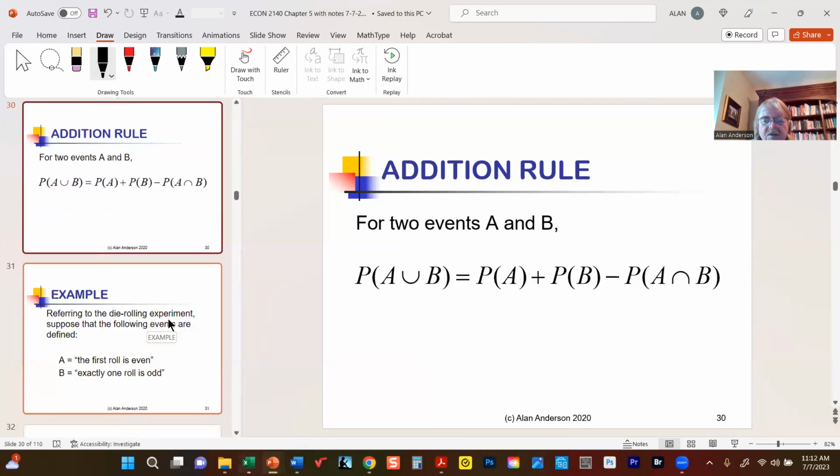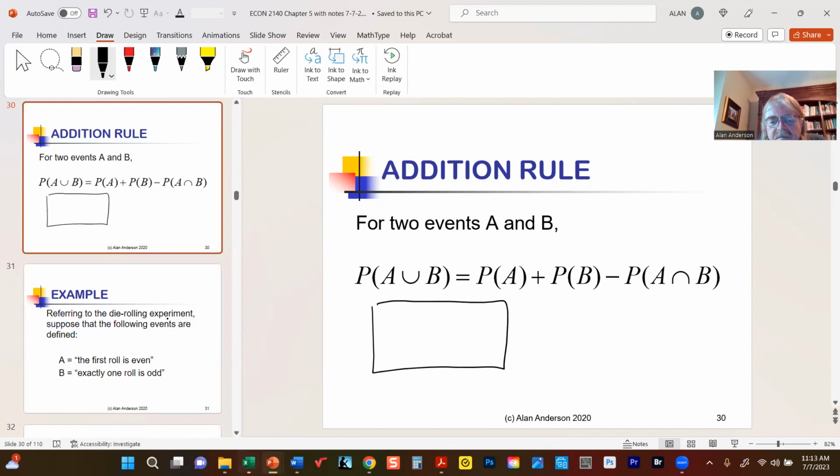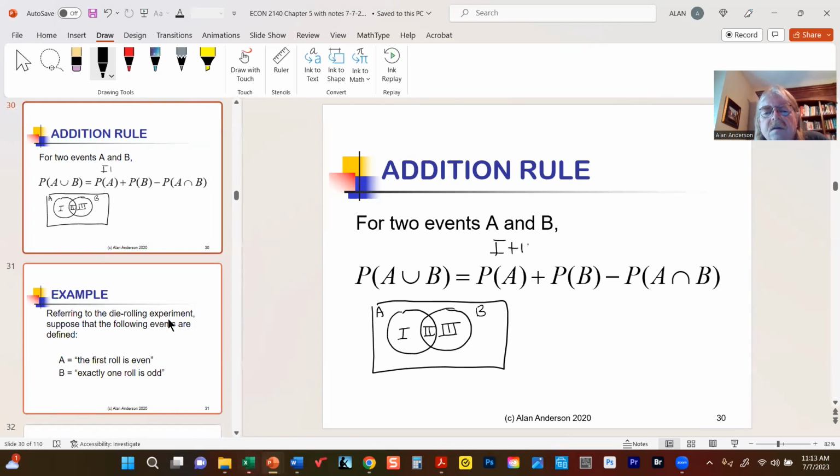But anyway, let's start with the addition rule. Here's what they're telling us to do. I'm going to label these regions 1, 2, and 3. Why am I doing this? Because I want you to see that A is 1 plus 2, and B is 2 plus 3.